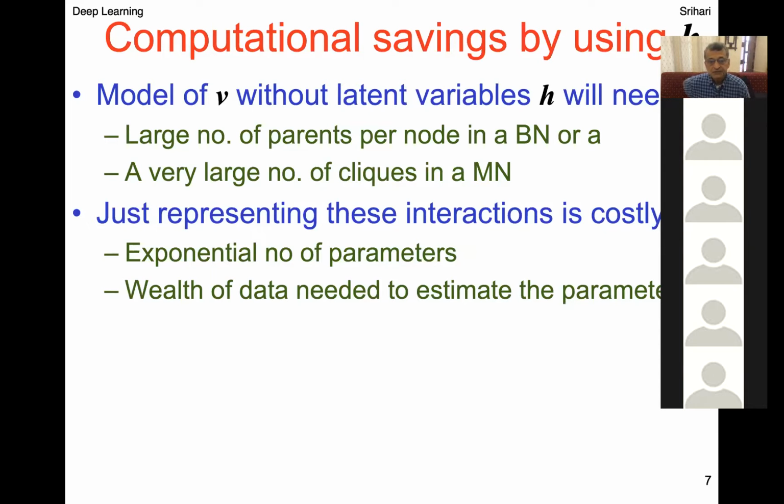If you don't use latent variables, and they're all observed variables, you will need a very complex model. Just representing these interactions is costly, and would require an exponential number of parameters.